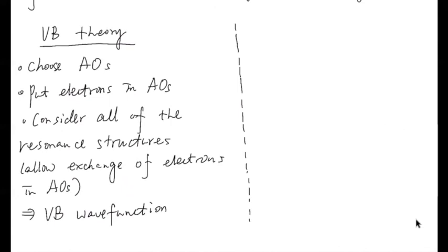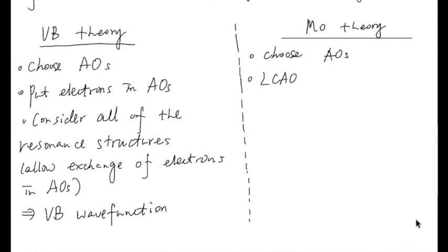On the other hand, you have molecular orbital theory, which is Hartree-Fock theory. The first step is still to choose atomic orbitals as your basis function. But the second step is you do a linear combination of atomic orbitals to form molecular orbitals. Right?